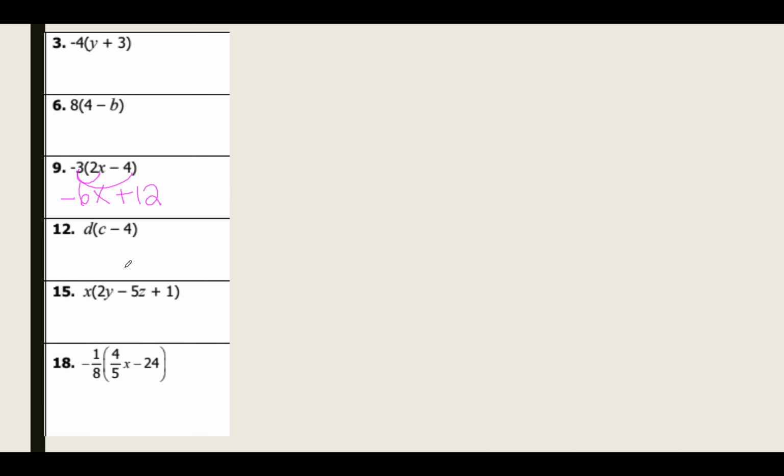Let's do 18 because it's fractions, and those always stress people out. I almost want to do this one off to the side just so I have some more room. If you can fit it under there, that is totally fine. Anytime I'm multiplying fractions, I have negative 1/8 times 4/5.